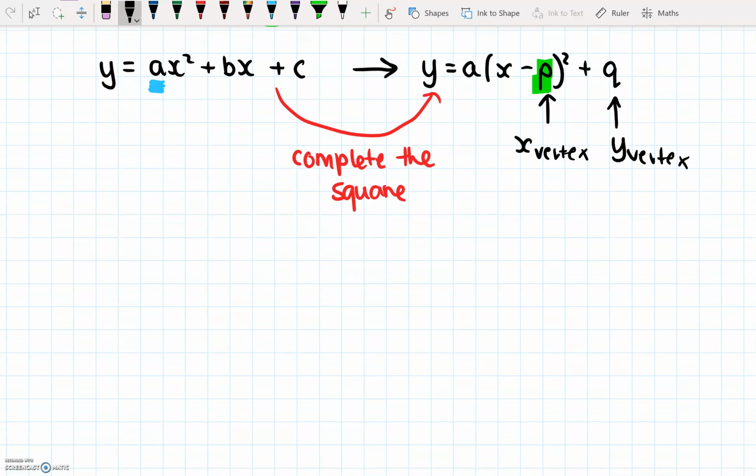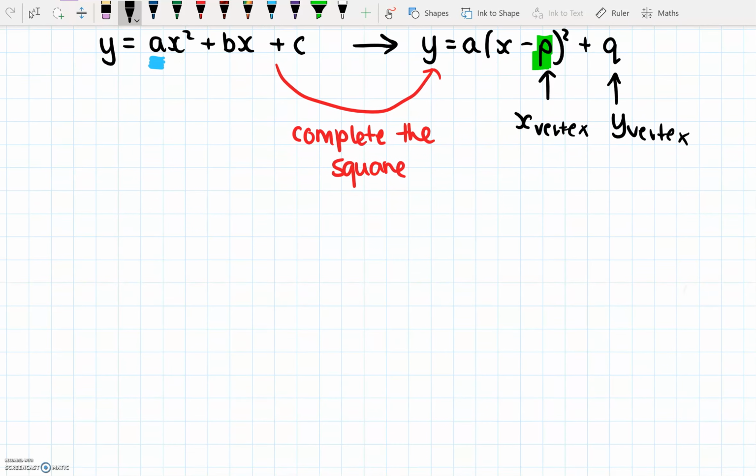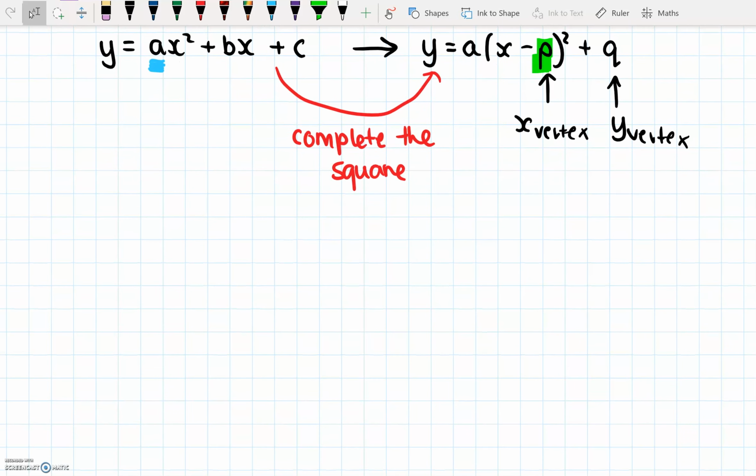The first thing we have to do to complete the square here is take a as a factor of those first two terms. The c is not so important. So we're going to take firstly y equals a, and then work out what goes in this bracket. ax squared divided by a is just x squared.